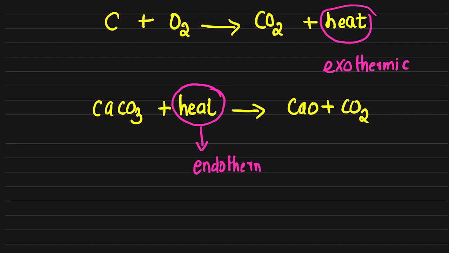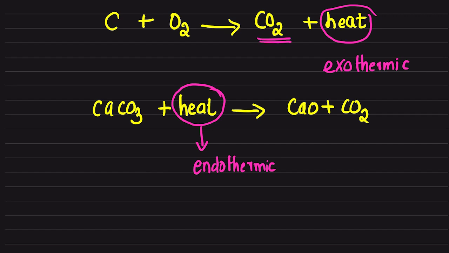So looking at the reaction itself, we can understand whether it is endothermic or exothermic. For exothermic, the heat is given out, so it will be on the product side. During an endothermic reaction, the heat gets absorbed, that means the heat is on the reactant side.